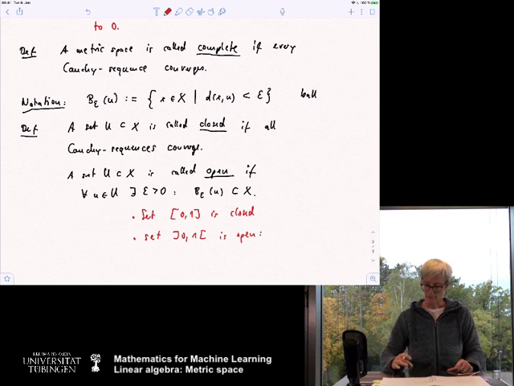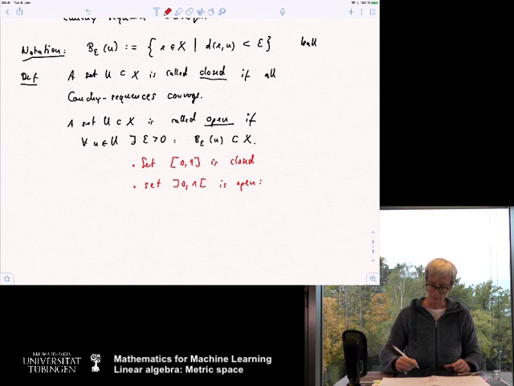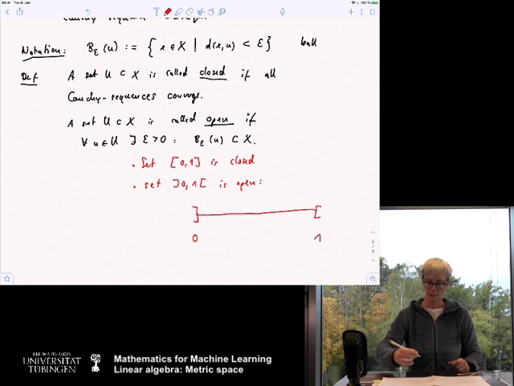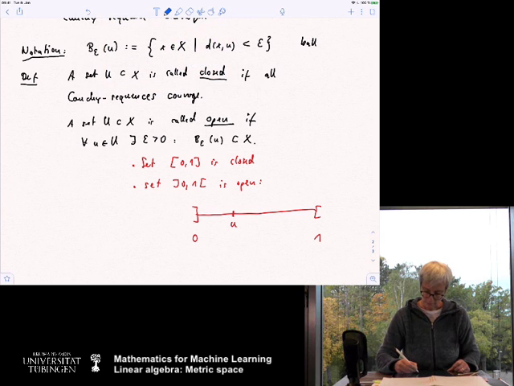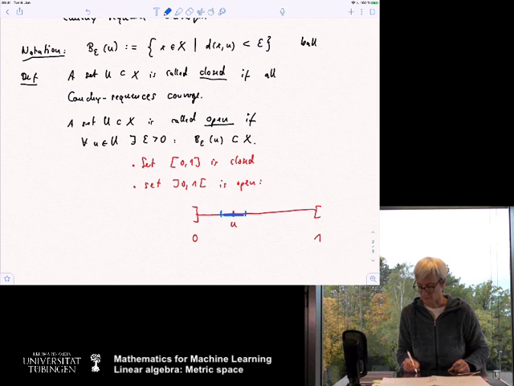And now the trick is of this definition of being open. So just imagine here is our real line. We have 0 and 1 excluded. Now we can pick any point here, say this is u, and for this particular point we can always find a ball, and a ball in this one-dimensional space is simply an interval.